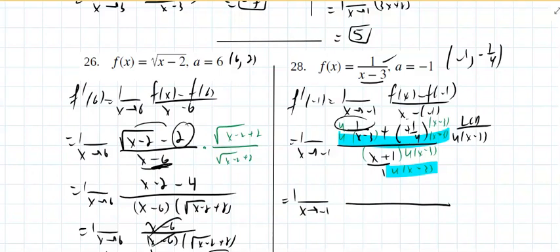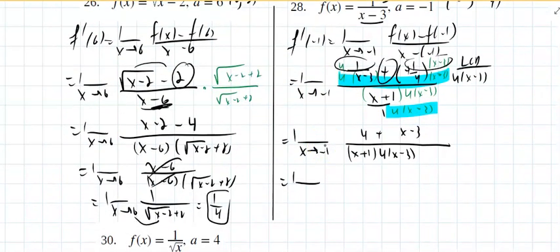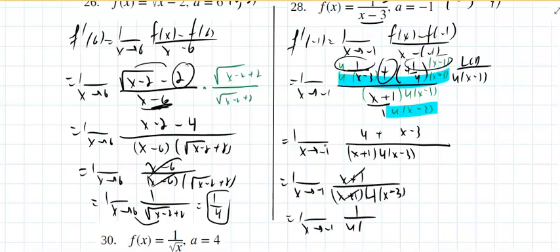So if I multiply those, that's a 4 plus x minus 3 over x plus 1 times 4 into x minus 3. And if I simplify the top a bit, I notice that that is x plus 1, and all I have to do is plug in -1.